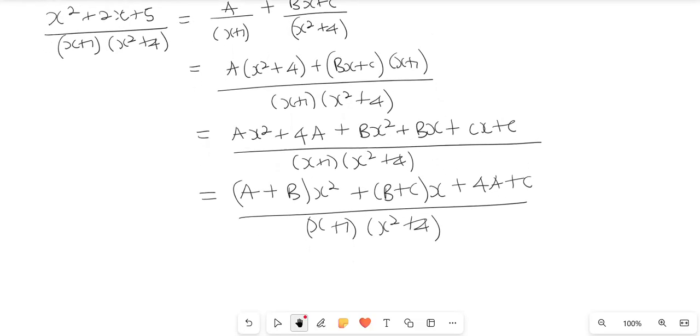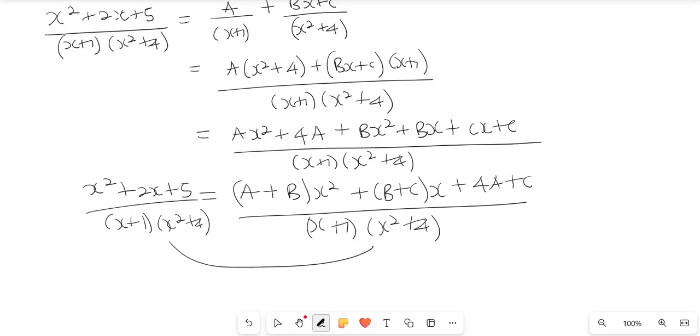This is equal to x squared plus 2x plus 5, all divided by x plus 1 times x squared plus 4. The denominators are the same, so the numerators should also be the same.